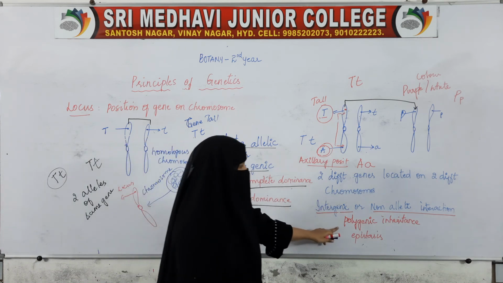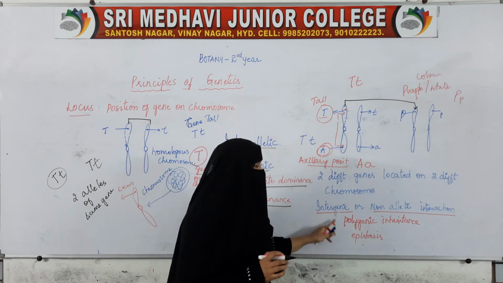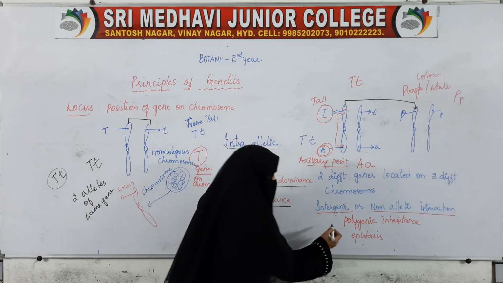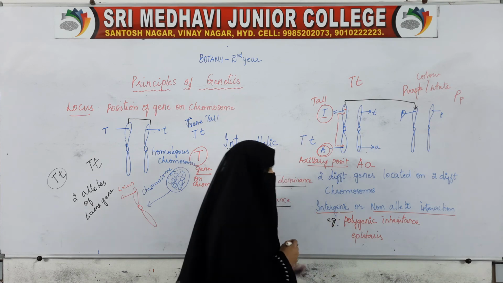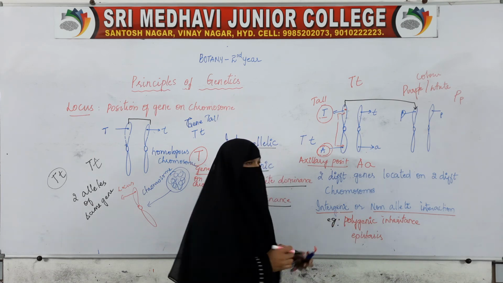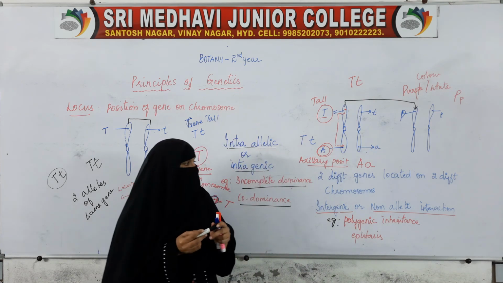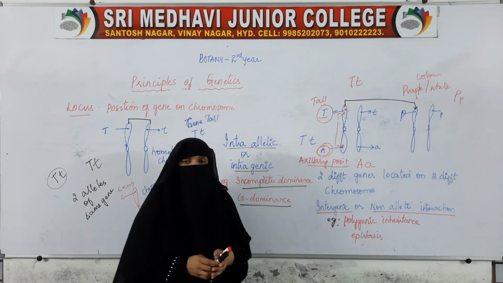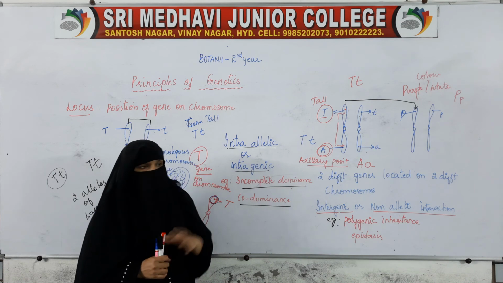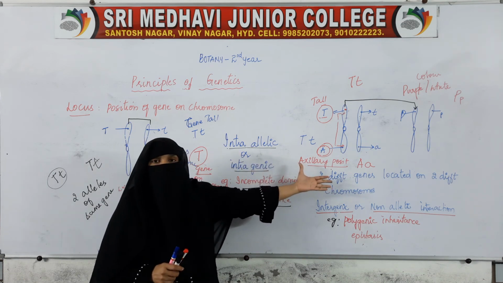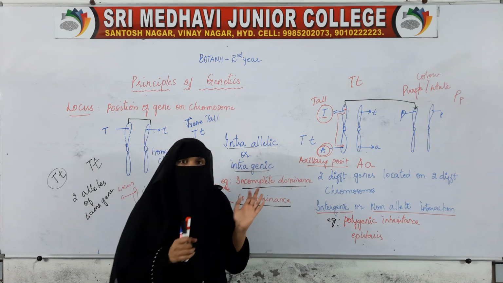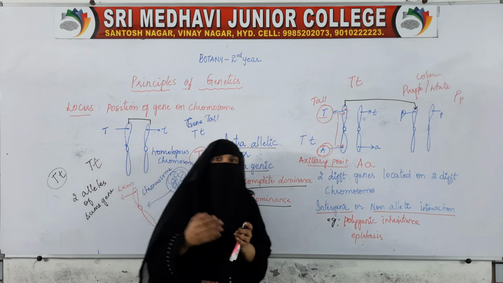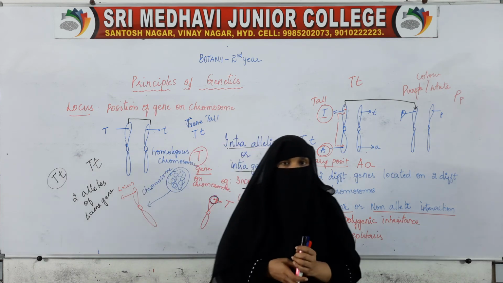And for intergenic interaction, examples are polygenic inheritance and epistasis. These are the examples where we see intergenic or non-allelic interaction. All these are variations from Mendel's laws. How are they different from Mendel's, what is the difference?